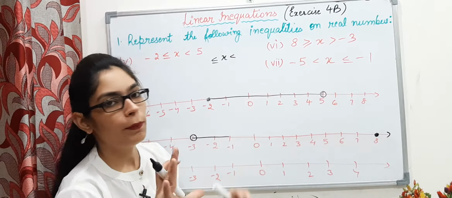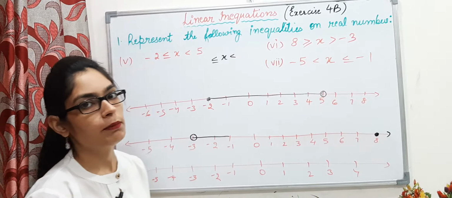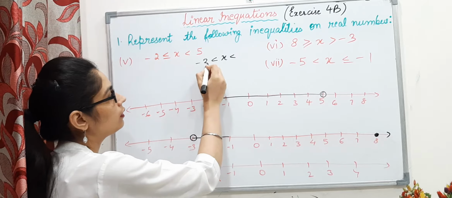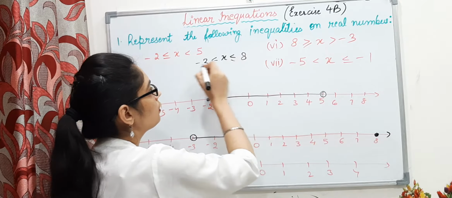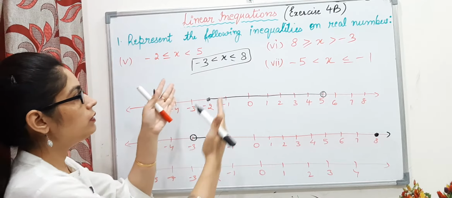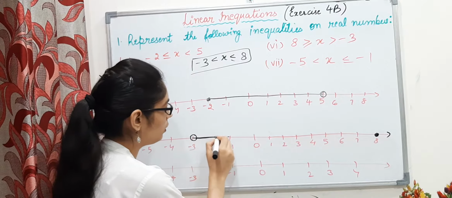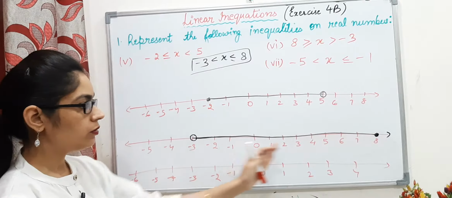See on which side the open mouth is with -3; that means x is greater than, only greater than, and x is less than or equal to 8. This way you can write it to remove any confusion. So the value of x is lying between -3 and 8. After drawing these points, you can join them.